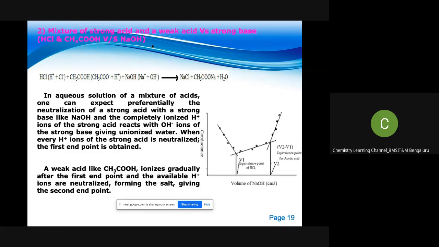So as usual, as I said in the previous experiment, for 0 cc of NaOH added, note down the conductivity value. Then add 0.5 cc of NaOH. Stir the solution, note down the conductivity value. Again add 0.5 cc of NaOH. Note down the conductivity value. Again add 0.5 cc, note down the value. Like this, go on continuing until you get back the first reading.